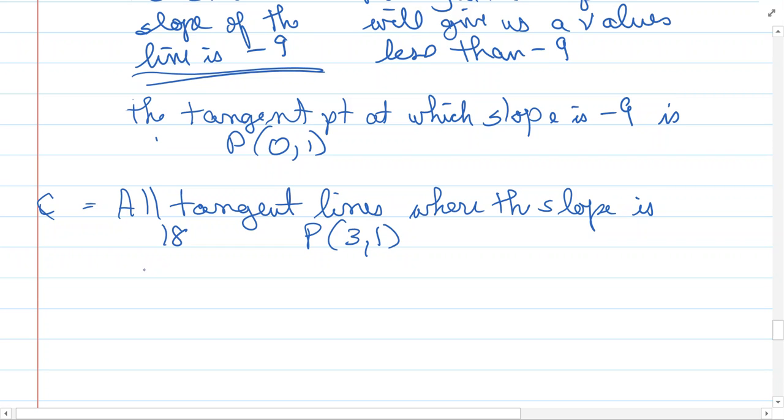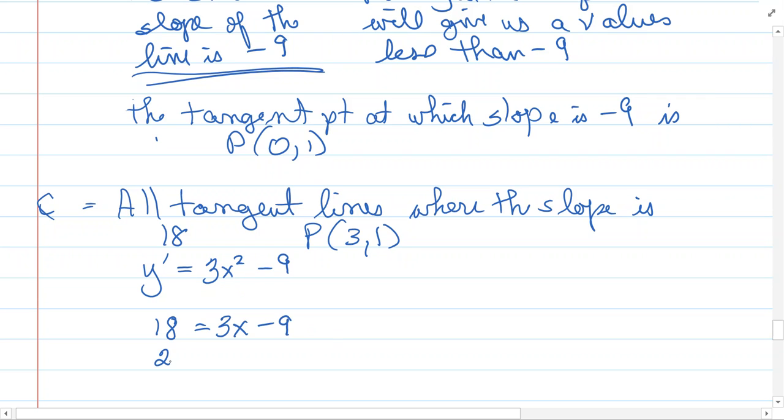We had y prime equals 3x squared minus 9, which is how we got the 18 to begin with, but it's a square. And so what we want here is we understand that 18 has to equal 3x squared minus 9.